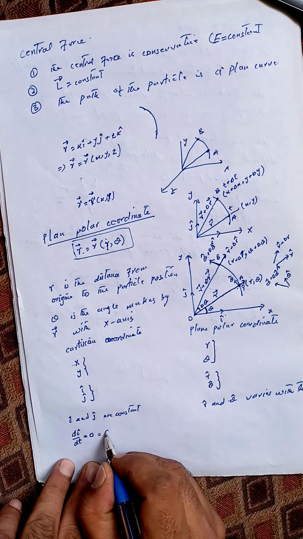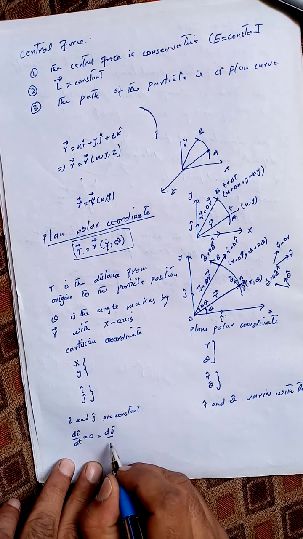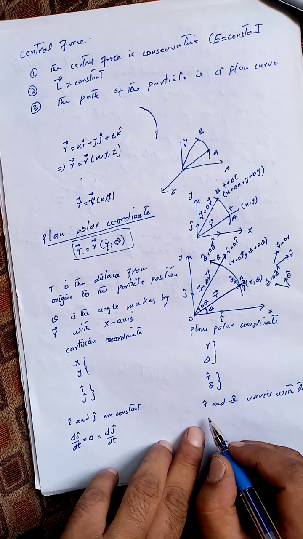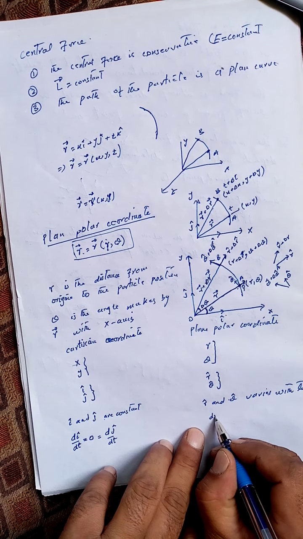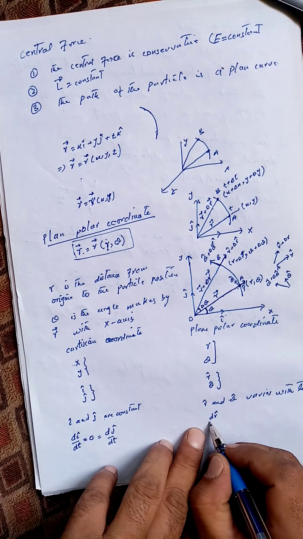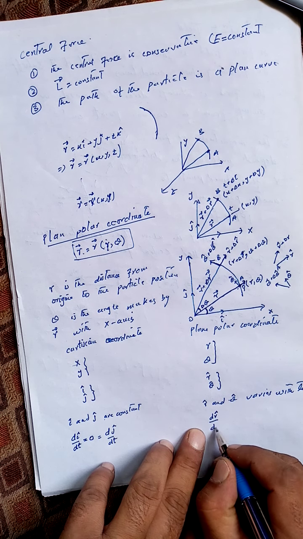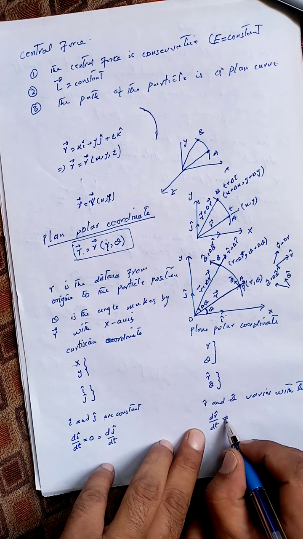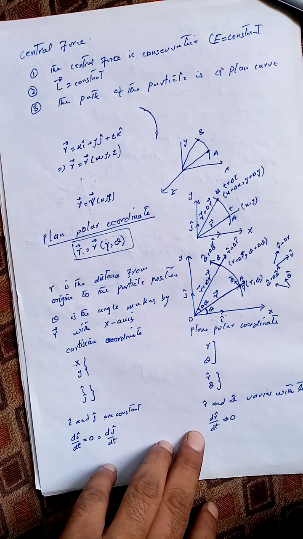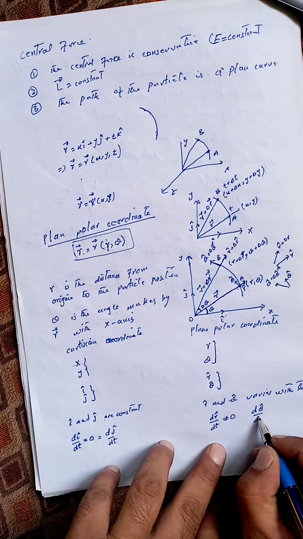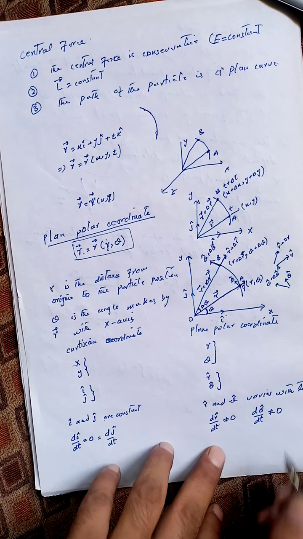Similarly, dj over dt, because they are constant. But if we look here, the rate of change of unit vector r with respect to time is not equal to 0 because it changes with time. Similarly, d theta divided by dt is not equal to 0.